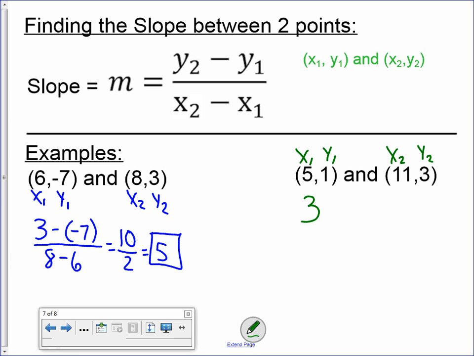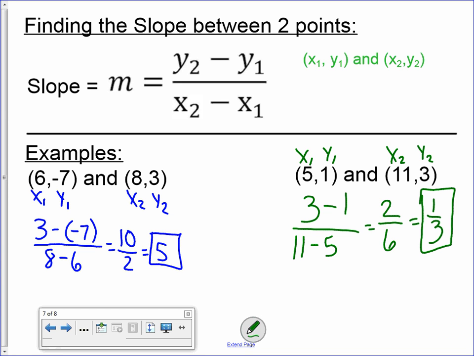Y2 minus y1, which is 3 minus 1, and then x2 minus x1, which is 11 minus 5. 3 minus 1 is 2, and 11 minus 5 is 6. So I get 2 over 6. And one of the last things you should always do is simplify. 2 over 6 reduces down to 1/3. Your slope is 1/3. Your slope could be a whole number. It could be a fraction.